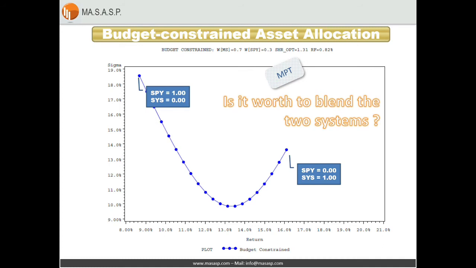Each of these possible portfolios, represented by a dot on the blue curve, is characterized by two allocation factors, also termed weights.